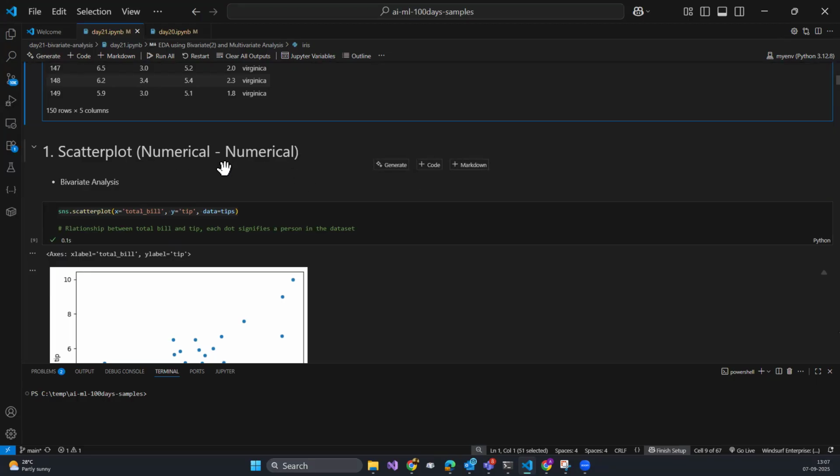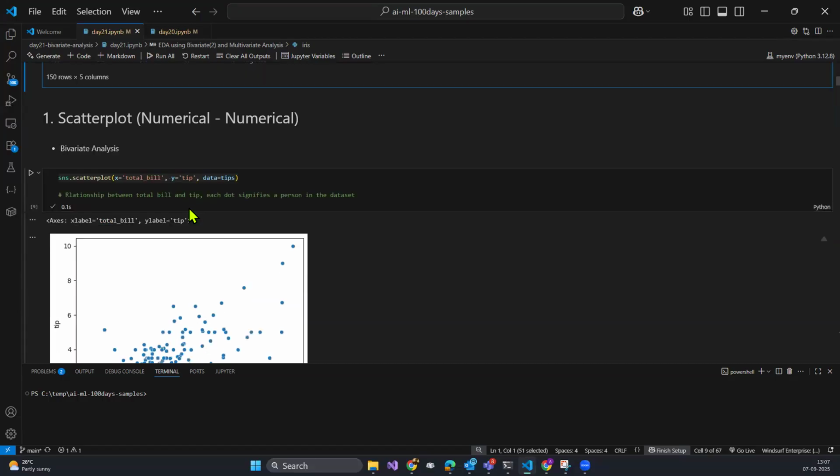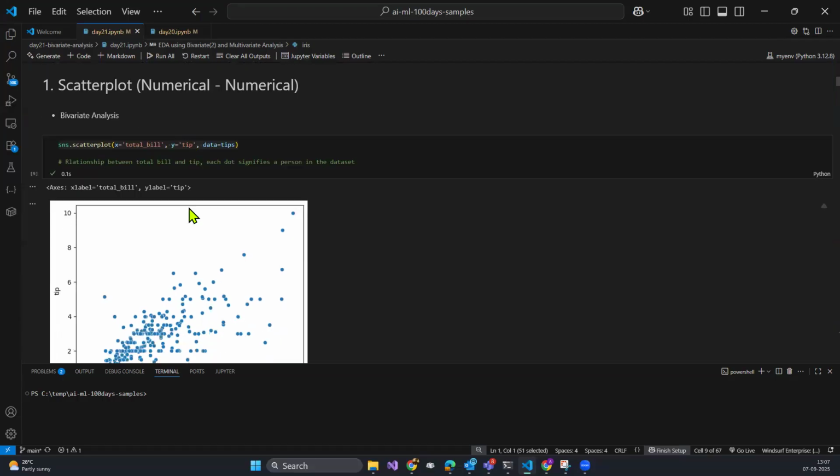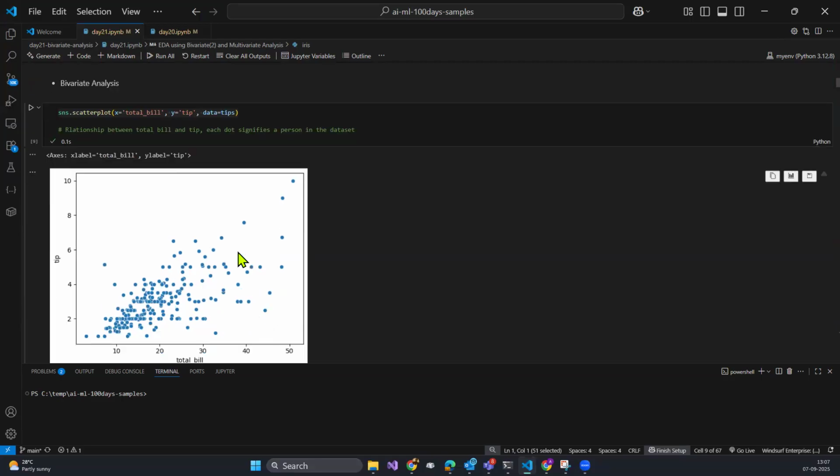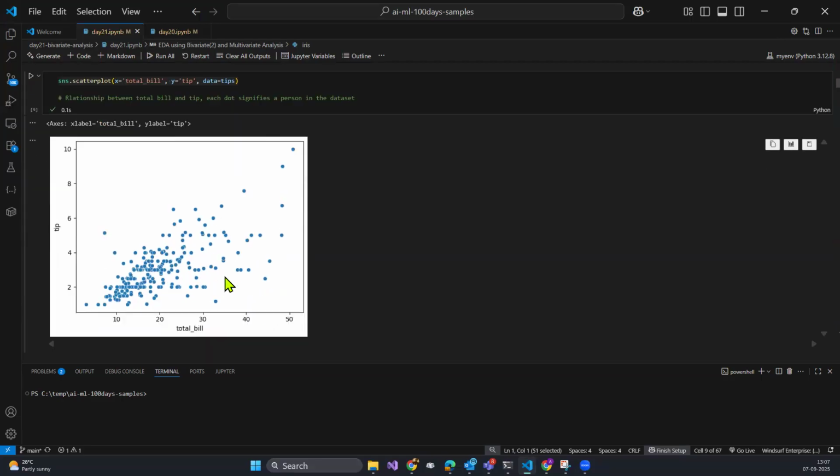And when we have numerical analysis, we do a scatter plot just to see how the data set is distributed. So here we are going to see the relationship between total bills and tips given, right?